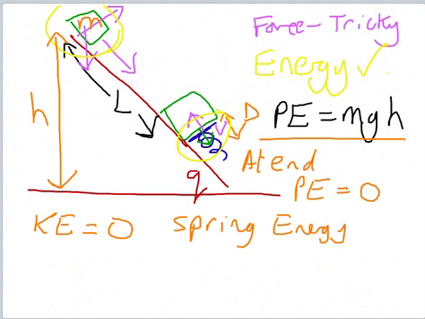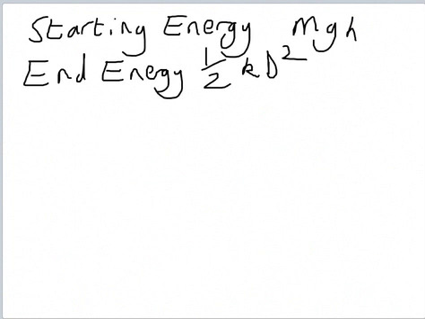And the equation for spring energy is 1/2 k d squared, which you can look up. So we know that the starting energy is mgh, the end energy is 1/2 k d squared. As energy is conserved and none is being lost, no work is being done on the system. It just means that mgh equals 1/2 k d squared.